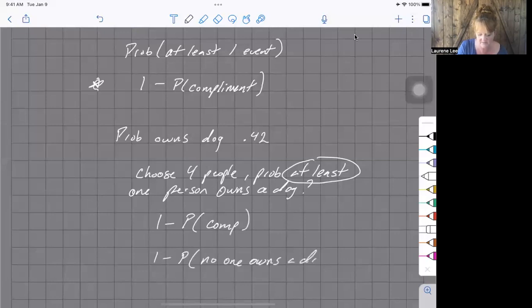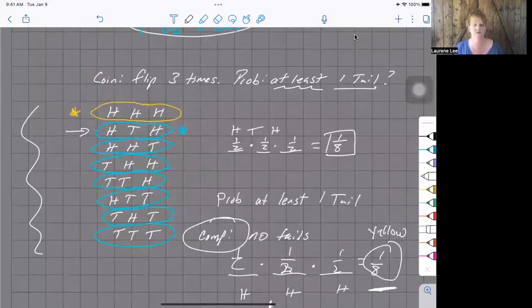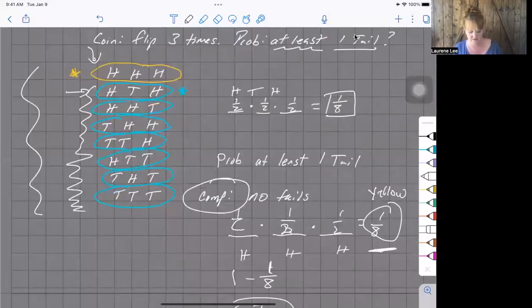So again, with the visual, we change this heads and tails to dog or no dog. And it's like every option here, somebody's going to own a dog except the one where all the people I choose don't own a dog. That's the complement.